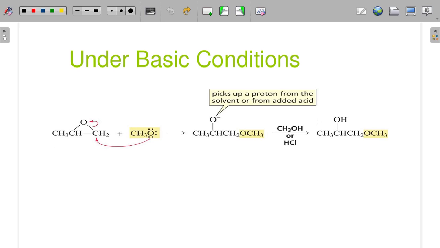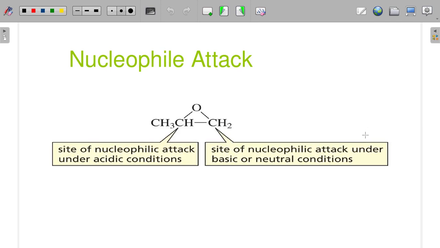But this time, because this O is a strong nucleophile, it favors an SN2 type mechanism. It's going to go to the side of this that's least substituted. So this way, your nucleophile ends up on the side that was least substituted. So with our nucleophile, we can choose which side we go to, depending on whether we're acidic or basic. Under acidic conditions, you go to the side that's more substituted. Under basic conditions, you go to the side with less substitution.